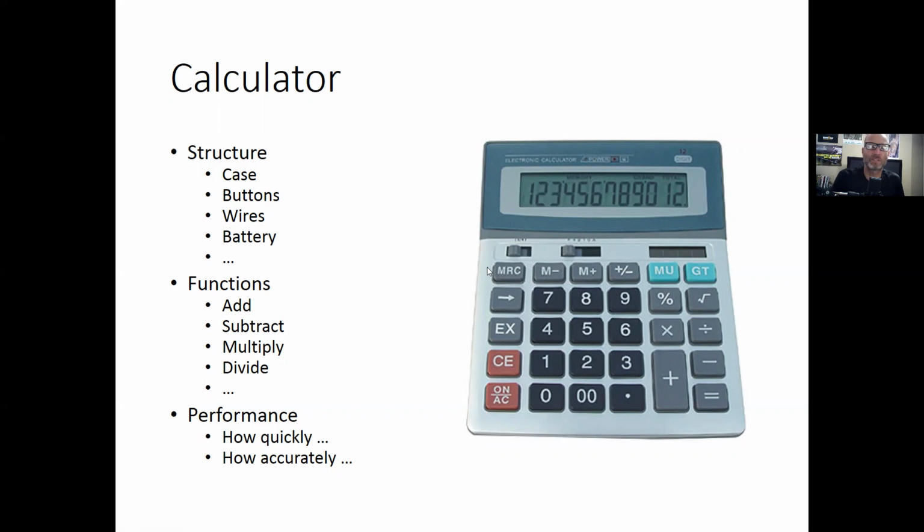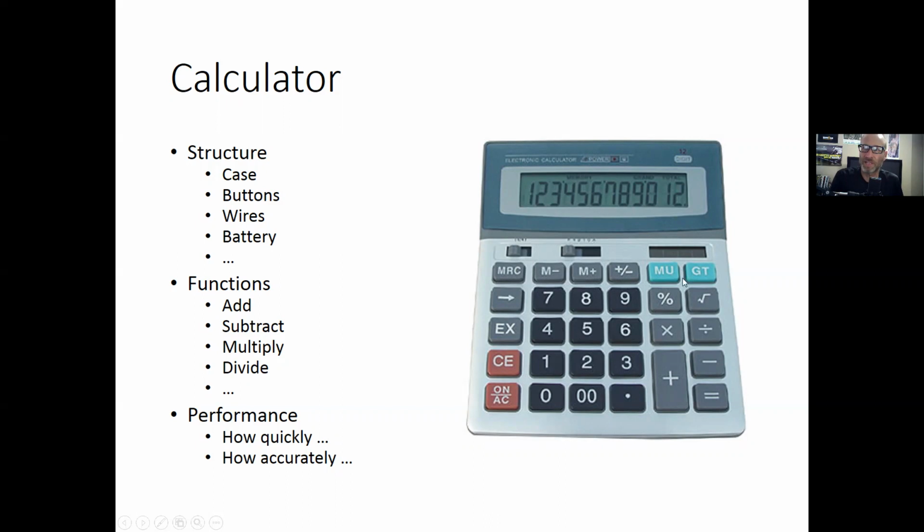Maybe instead of plastic, we use a metal, or maybe some other type of material to make up the casing, or the buttons. You know, what type of material those are made out of, or should the buttons be spring-loaded or pressured in some way? Those are structures that ultimately we may want to address in designing a calculator.